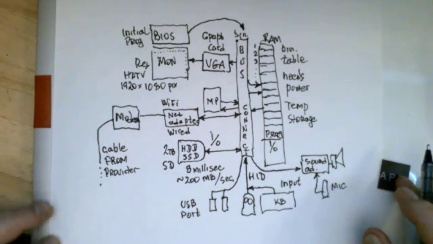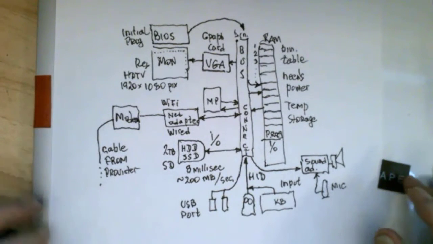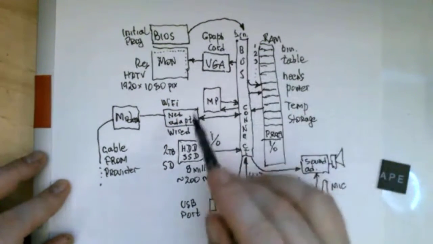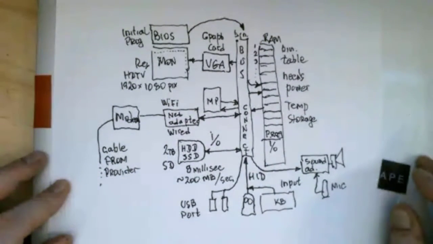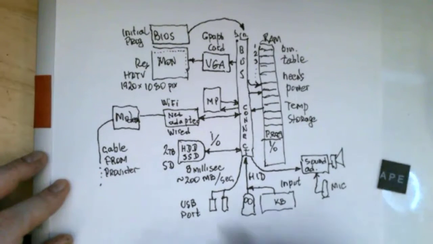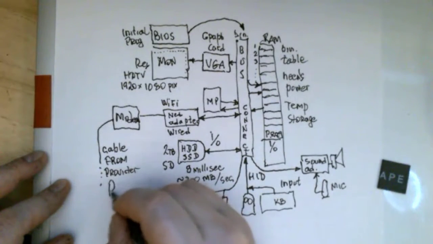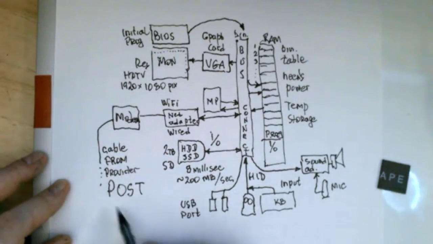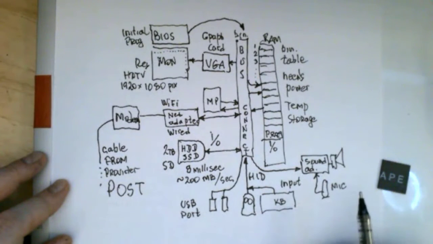But what will the microprocessor do the first time? Folks, the first program that will be loaded in the memory and give the microprocessor the opportunity to start is named POST, P-O-S-T. POST is power on self-test.